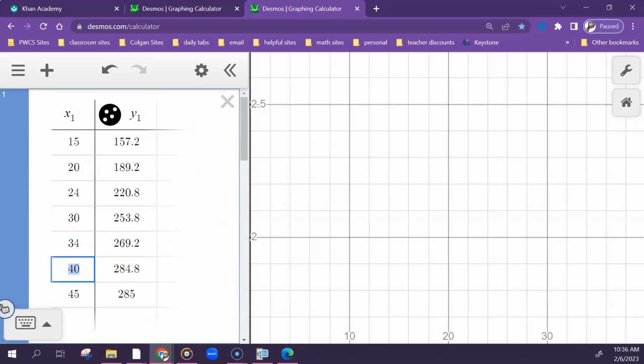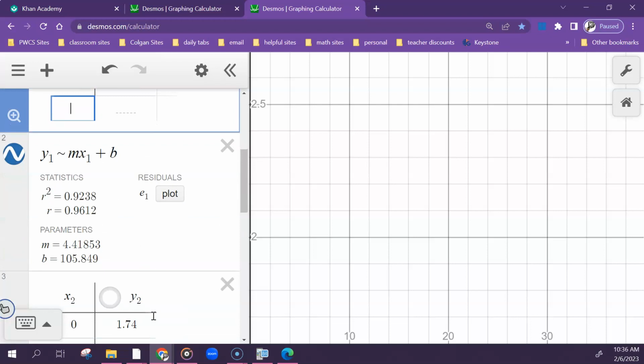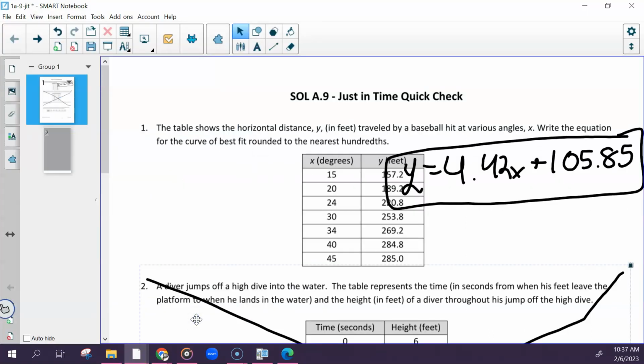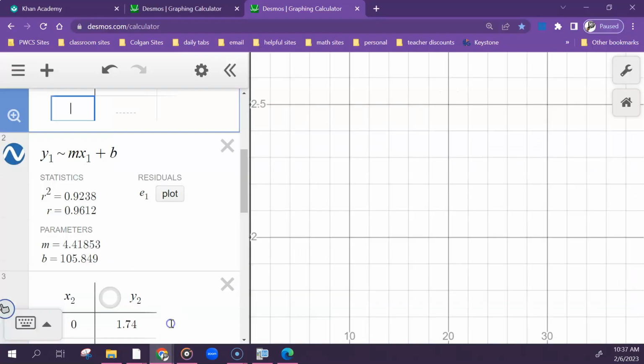Alright, so once you put all of your data in, and I didn't see this as much in this class, but remember that unless you see years, you are not changing your x values. This should be exactly whatever it says. So put in those data points, and then if you're using Desmos, you would type in your y1 tilde mx1 plus b. It would give you your m and your b, and it said to round to the nearest hundredths. So that would be 2 decimal places.